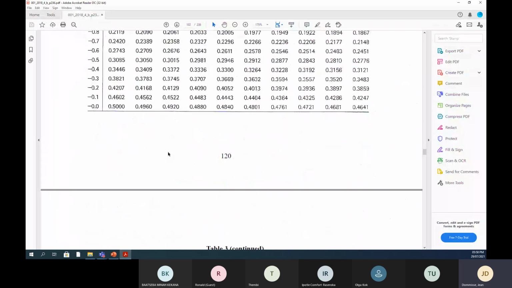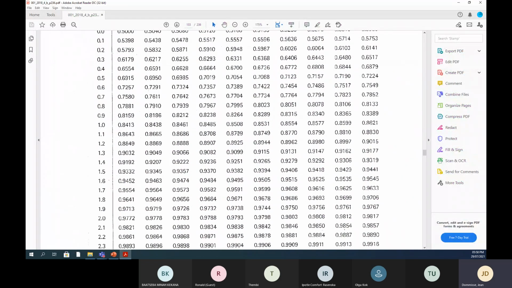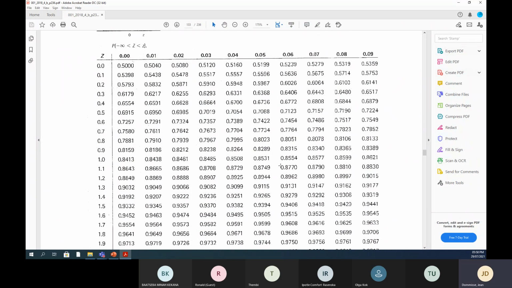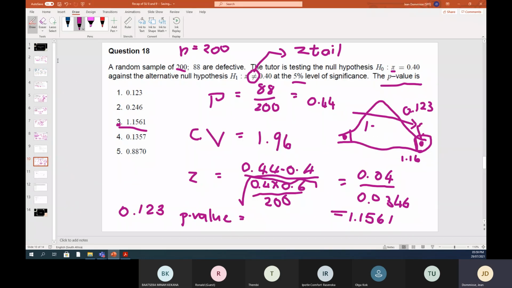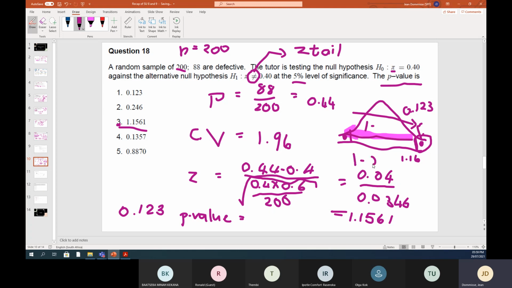Let's go to the positive 1.16. So it would have given me 0.8770. So this whole area would have been 0.8770. So then I would have needed to say 1 minus 0.877 to get that smaller area.